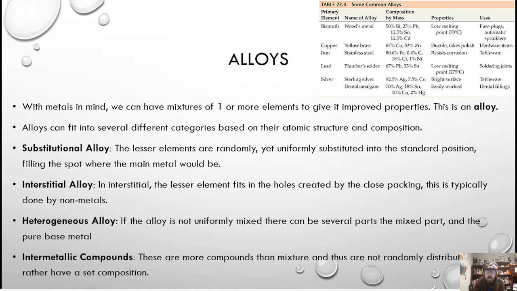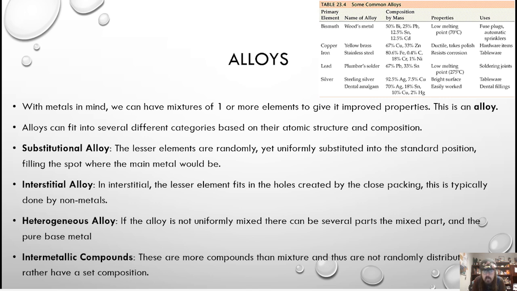So instead of being a pure metal containing just lead structured in such and such a way, every so often we're intermixing a different element where lead would be. It is random, so you don't see a pattern of lead, tin, lead, tin, lead, tin. No, it's just lead, a bunch more lead, some tin, then a bunch more lead, and then some tin.